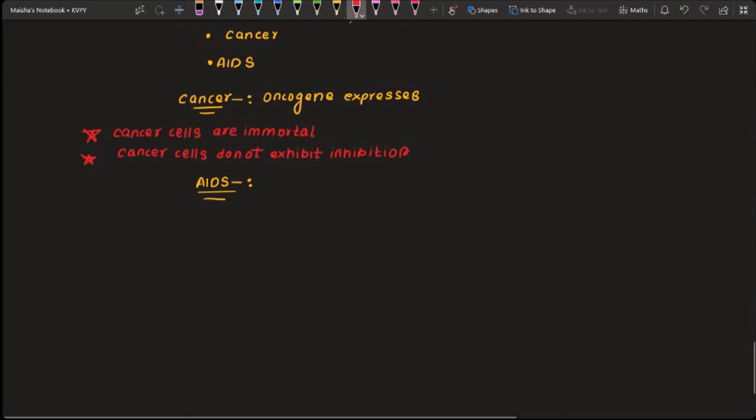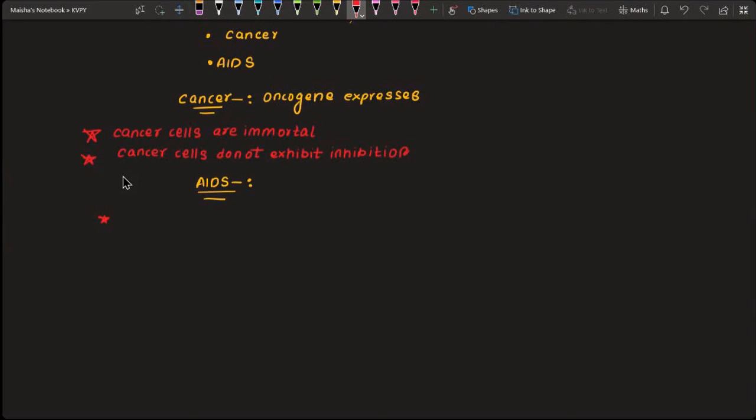Then the last topic, which is AIDS. AIDS is again a very infectious disease. It is spread through sexual contact with an infected person or through blood transfusion.